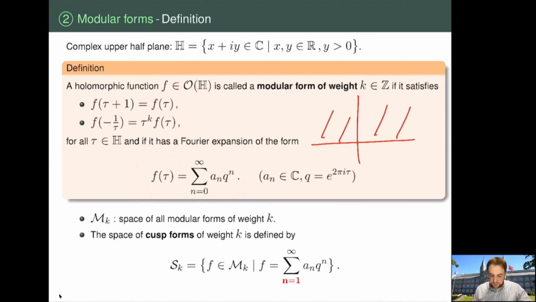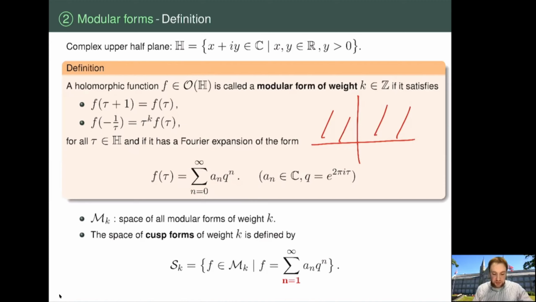One usually says that these functions are holomorphic at infinity, because this function, as a function in q in the unit disk, can be extended holomorphically to 0. Okay, so this is the definition of a modular form.